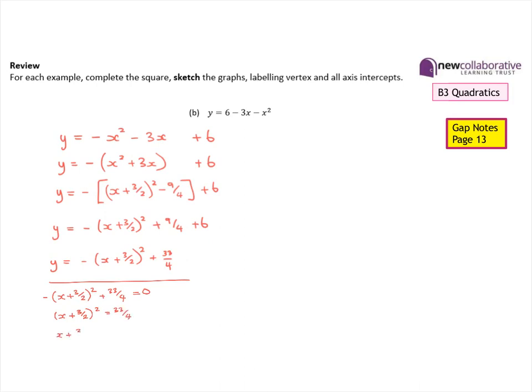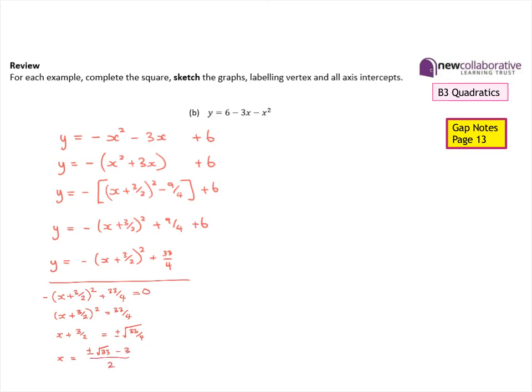So x plus 3 over 2 is going to be positive or negative square root of 33 over 4, and that's going to give us x equals positive or negative root 33 take away 3 all over 2.